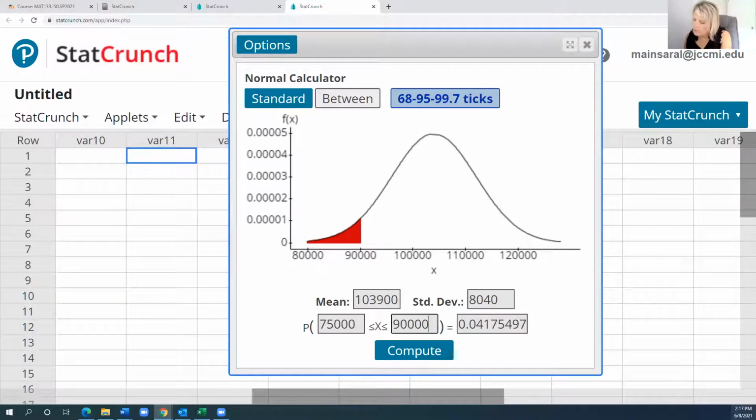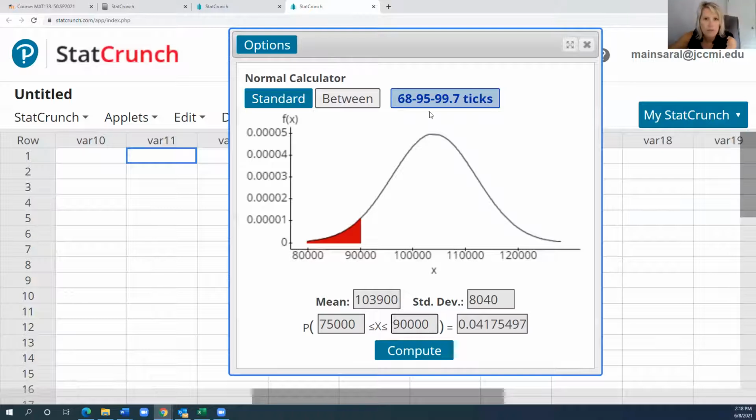Part C says, suppose there is a 4.56% chance that more than X amount of jobs are available. Okay, so this time we know a percentage. And it says, suppose that 4.56% chance that more than X jobs are available. So 0.0456.